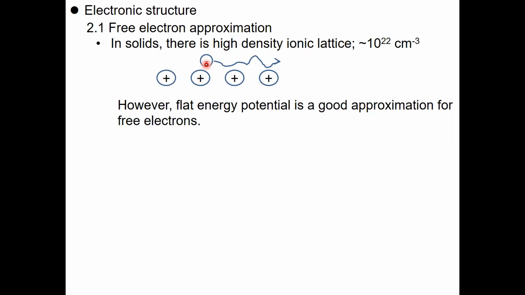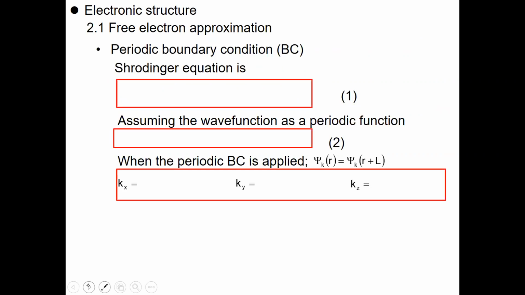So even if you assume a flat energy throughout the material, that's a good approximation for free electrons. If you're interested in it, you'd better follow a solid state physics textbook more deeply, rather than what we are just going through.